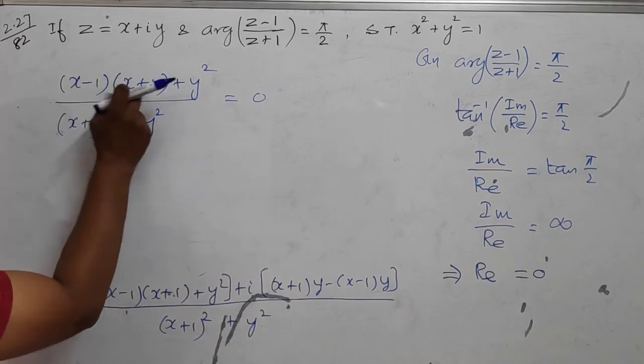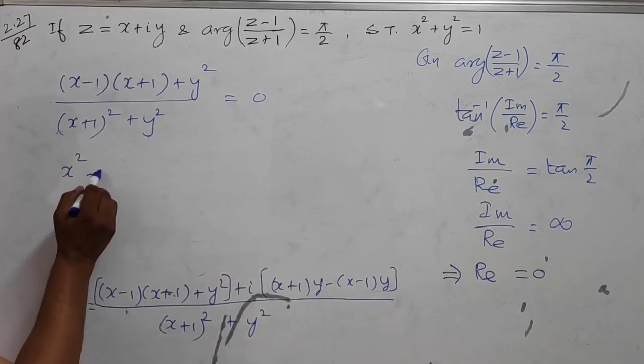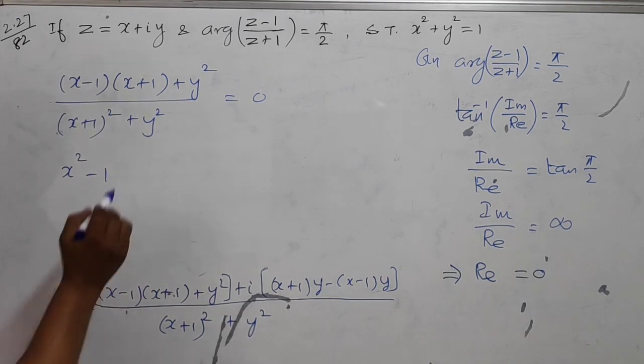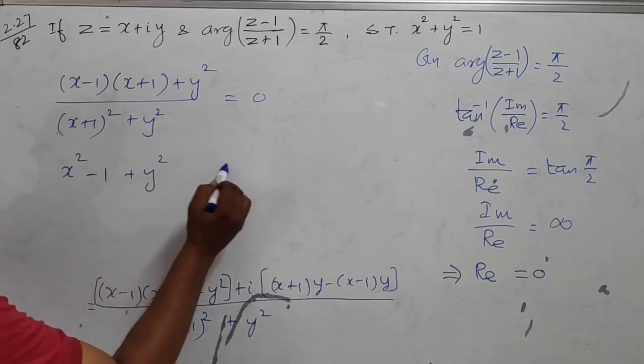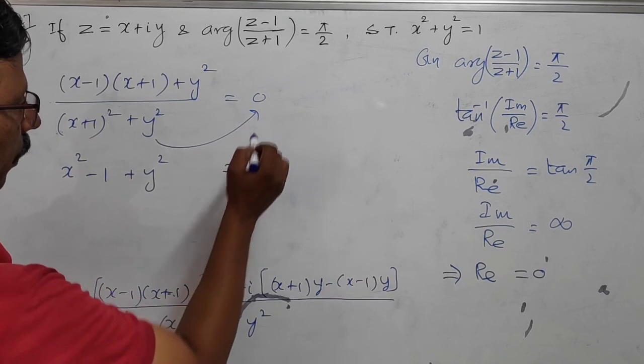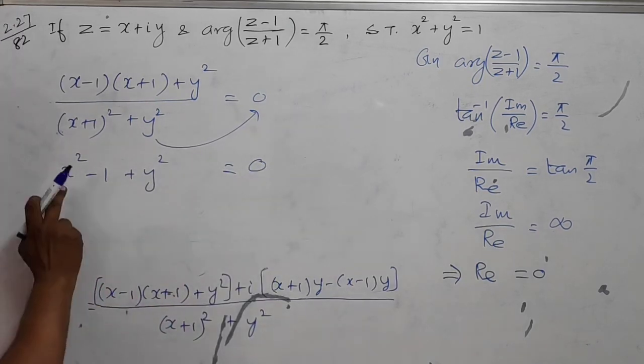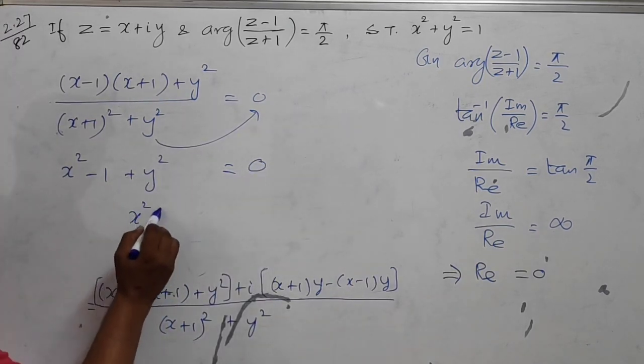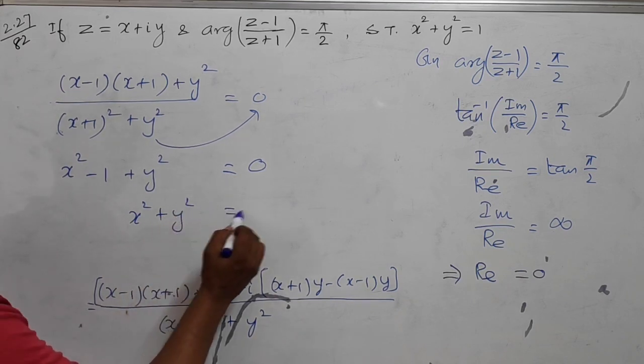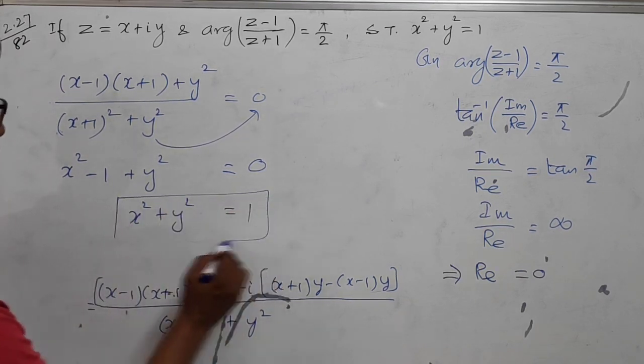This (x plus 1) into (x minus 1) can be written as x square minus 1, (a plus b) into (a minus b), plus y square equal to 0. Therefore, we can rearrange this as x square plus y square is equal to 1, which is the required result.